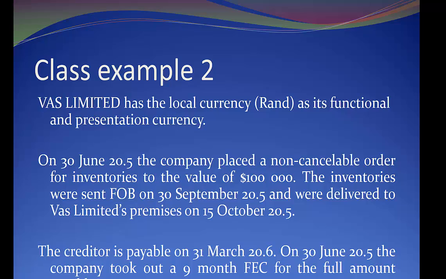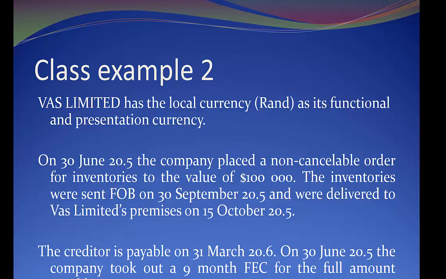On pages 28 and 29 you will find our theory and our references to the firm commitment fair value hedge and firm commitment cash flow hedge, and then on page 30 there's the class example. So keep that handy with you, and then we can run through that class example as we go along.